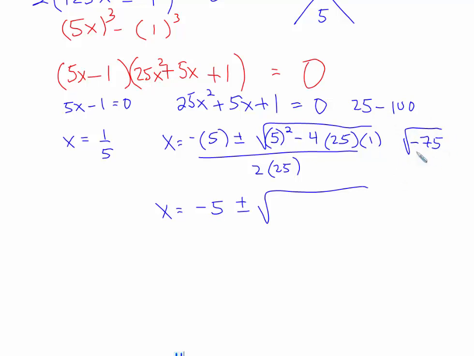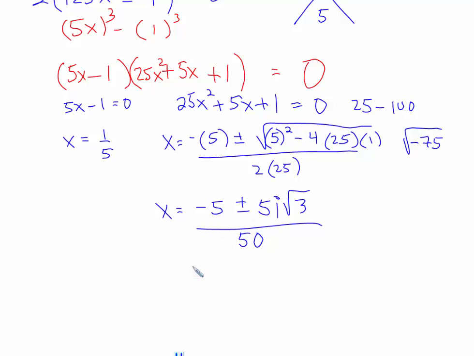So you simplify this right here. You know you can have an i, and then you have basically 25 times 3, so you're going to end up with 5i square root 3 over, 25 times 2 is 50.